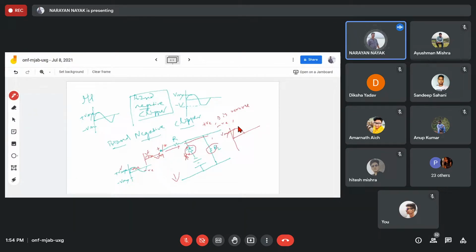It is negative, and this is negative. So, remember what amount of voltage you are applying. Let us say you are applying some voltage here.